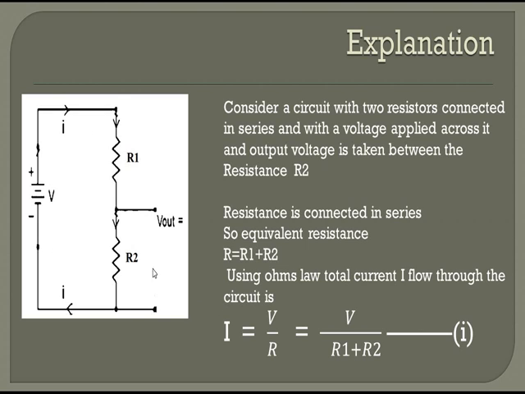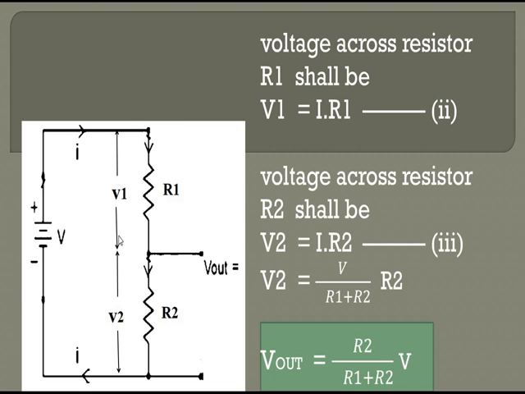So current flow in this circuit, by using Ohm's law, I is equal to V upon R, which is V divided by R1 plus R2. So I is equal to V upon R1 plus R2. Now we consider that the voltage across R1 is V1 and the voltage across R2 is V2.